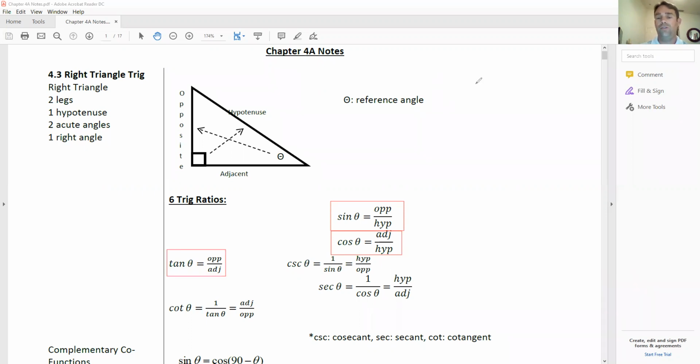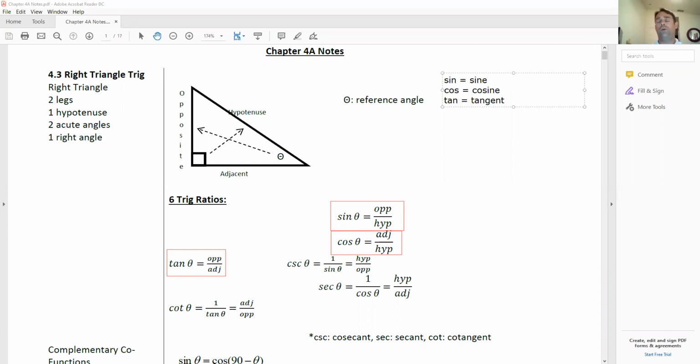We have these abbreviations. When we see sin, that means sine. I don't know why they dropped the E. All the rest of them are three letters, so that's why they did it, but still weird. Cos represents cosine. The abbreviation tan is tangent.